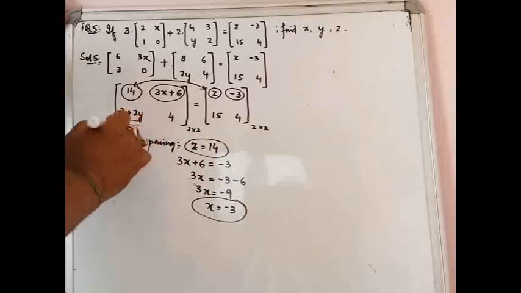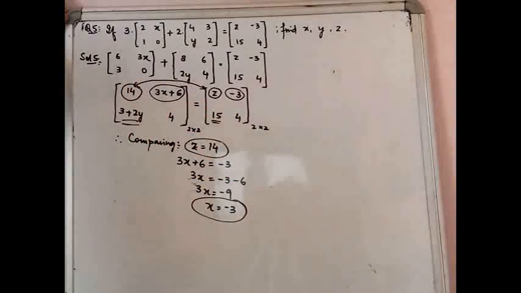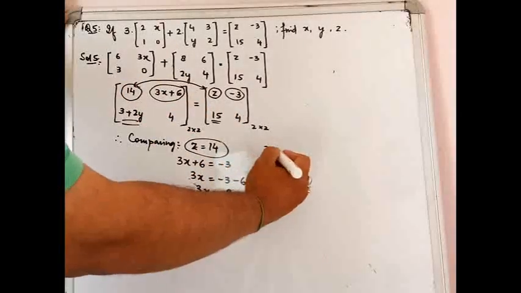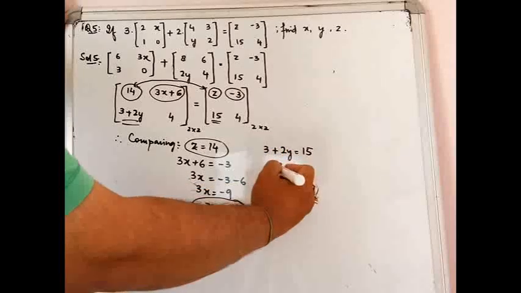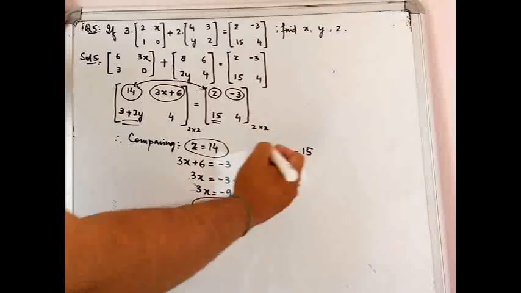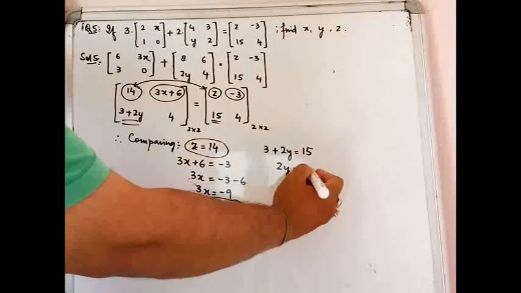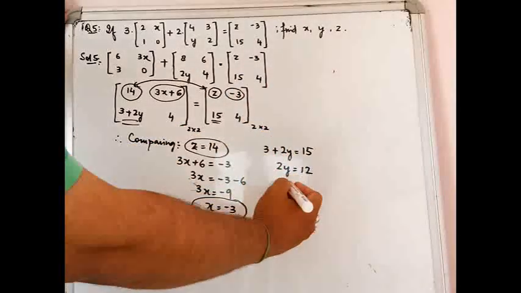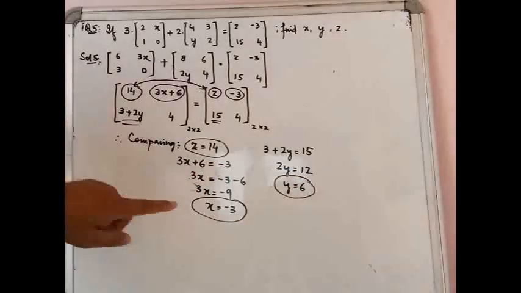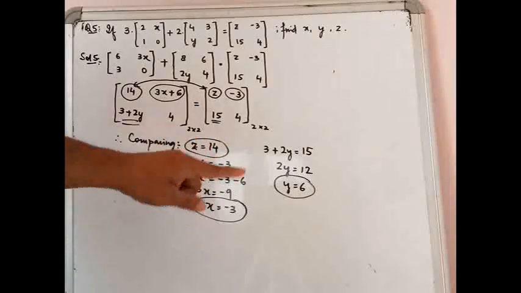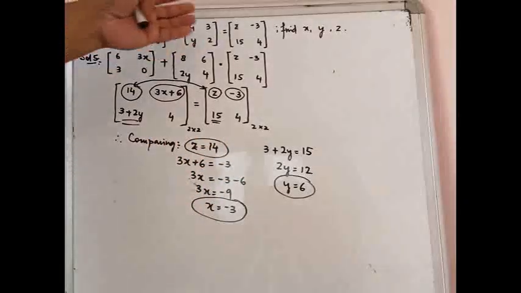Similarly, now comparing this entry with this corresponding entry, 3 plus 2y is equal to 15. So 2y becomes equal to, 3 goes to the other side, gets subtracted. So you will have 15 minus 3 coming out to be 12. So y becomes 6. Okay, so x, y and z values we have obtained based on what was given to us.